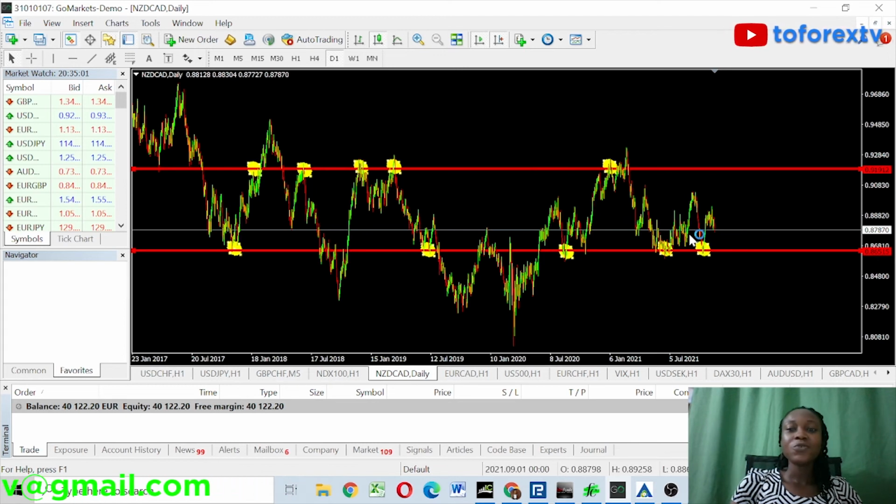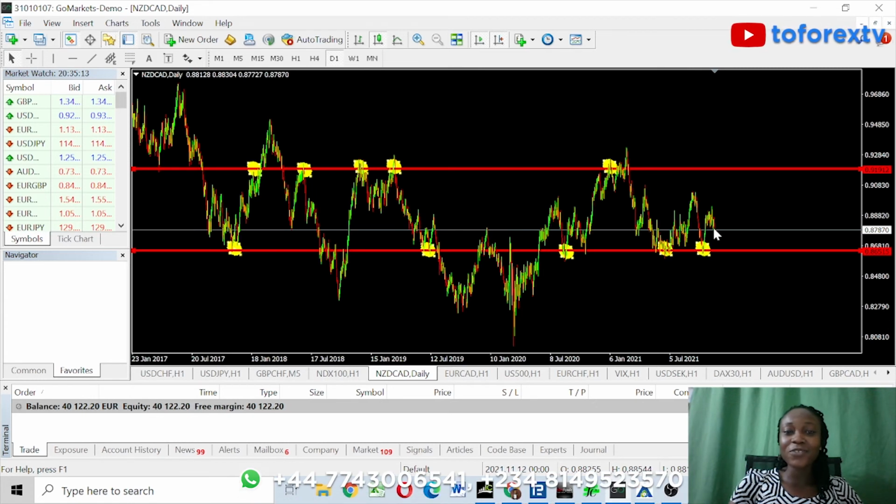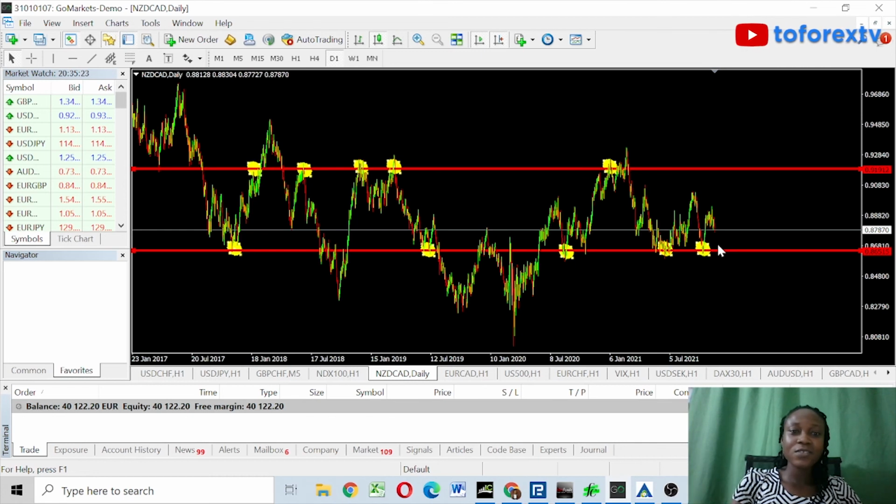If the market is up at your resistance level, it means it's good to sell. But now our market is at the middle and it's not yet down to my support level, so I'm going to wait for it to come down to my support level before I take my position. Don't worry, in our next video I'm going to tell you the outcome of my trade.